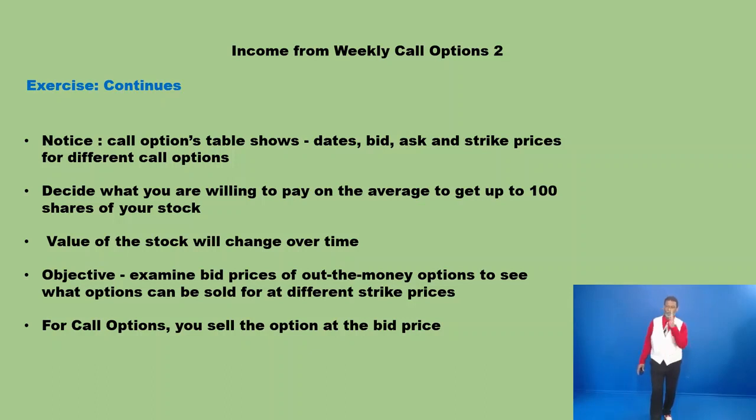So you're doing a search and looking around to see what the different bid prices are, because in some instances the bid price is not high enough to even sell a covered call. So for call options, you sell the option at the bid price. So you're looking at how much can I sell this option for?